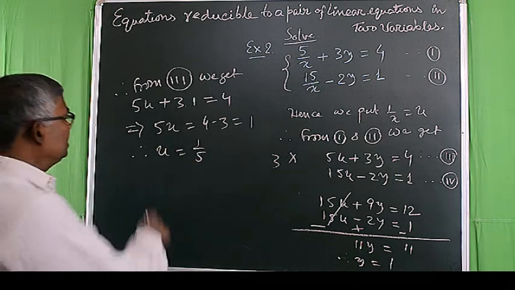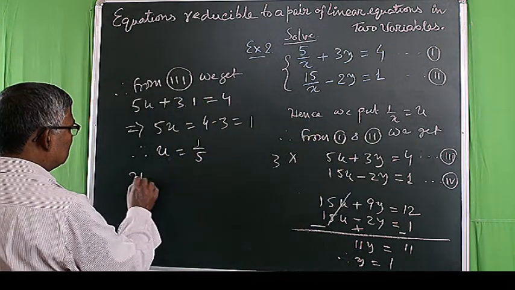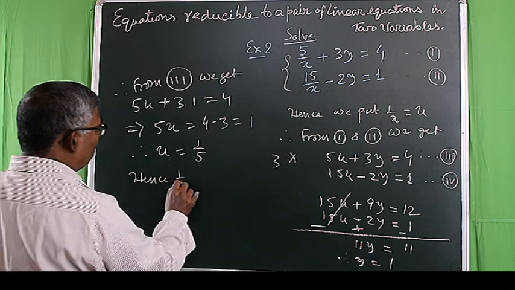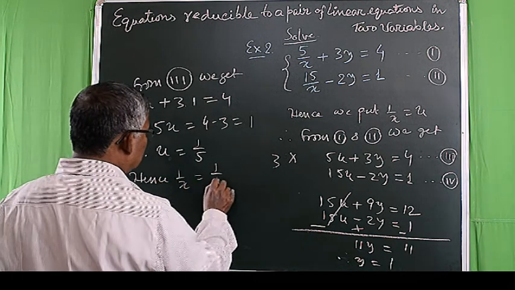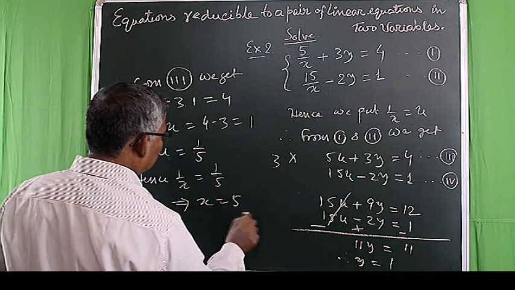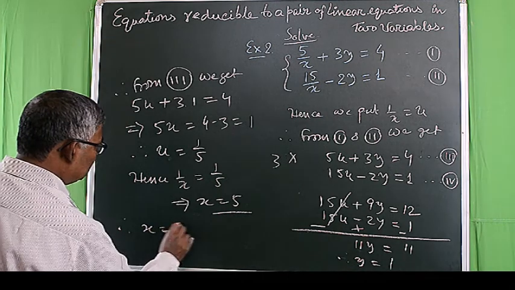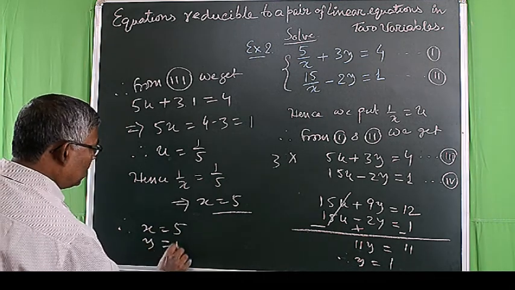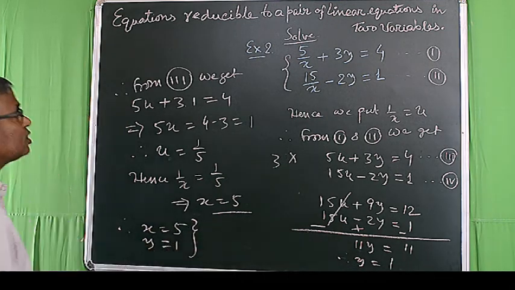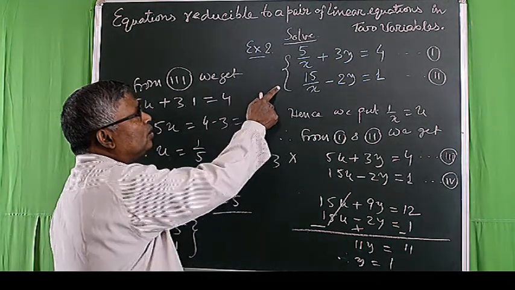Students, what is the value of u? That is 1 by x. Hence 1 by x equal to 1 by 5. This implies that x equal to 5. Therefore x equal to 5 and y equal to 1. These are the solutions of equation number 1 and equation number 2.